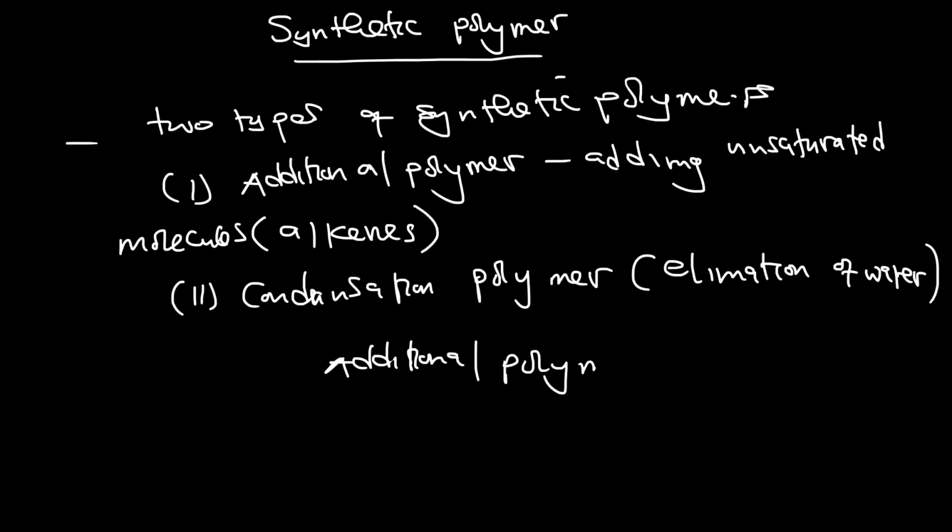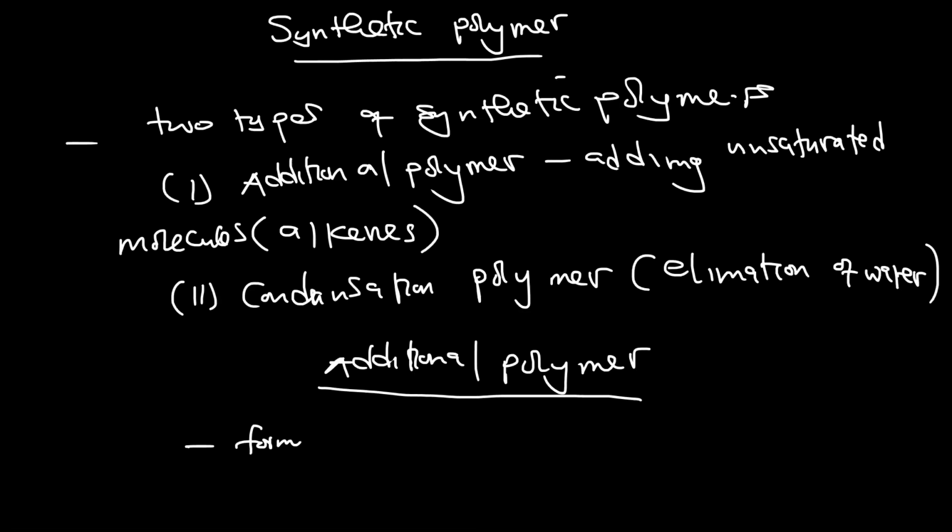As the name suggests, addition, which means we are just adding the smaller units. So addition polymers here are just polymers that are formed by joining smaller identical unsaturated monomers, okay?